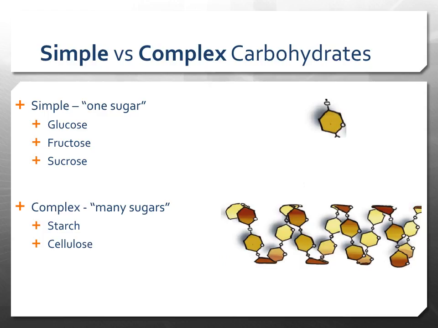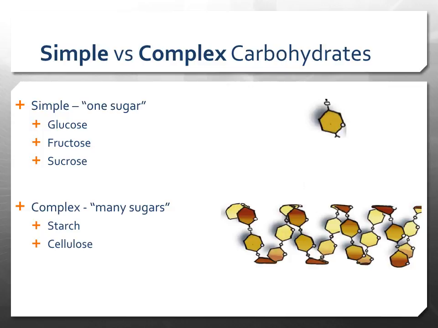So if we look here at the cartoon of the simple carbohydrate, it's drawn like a yellow hexagon. We call this a simple sugar, or simple carbohydrate, because it is only one carbohydrate molecule standing on its own.